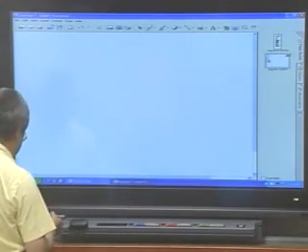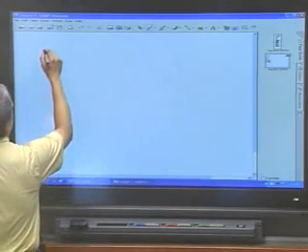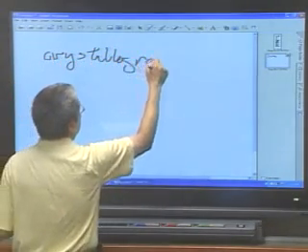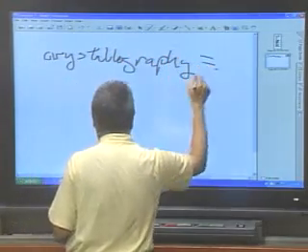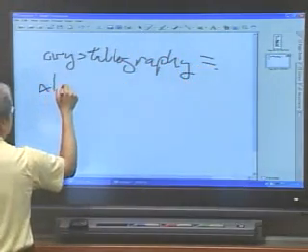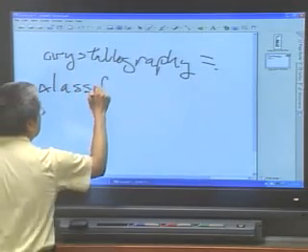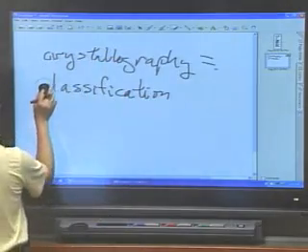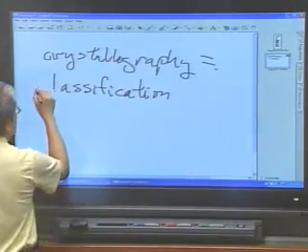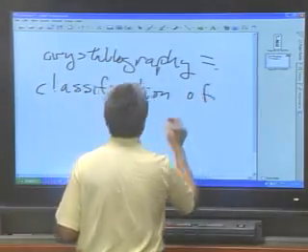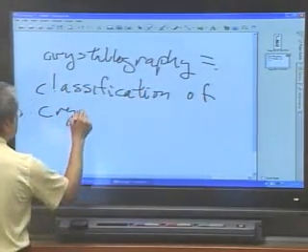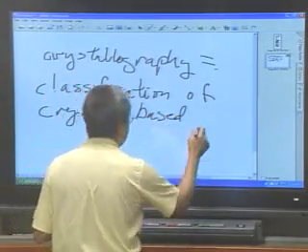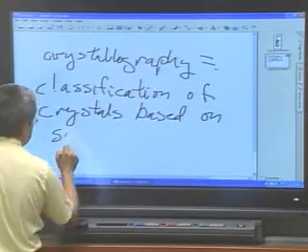Crystallography, I'll have to start all over again. Crystallography can be defined basically as a classification of crystals based on symmetry.